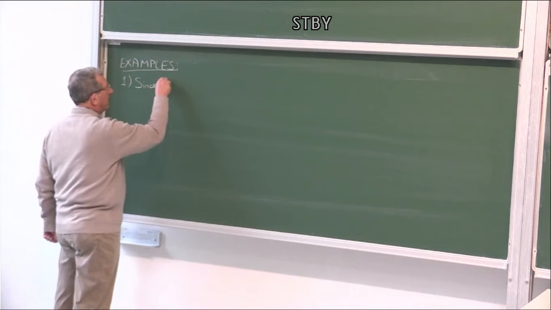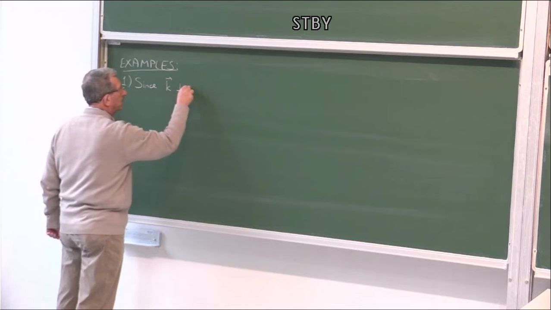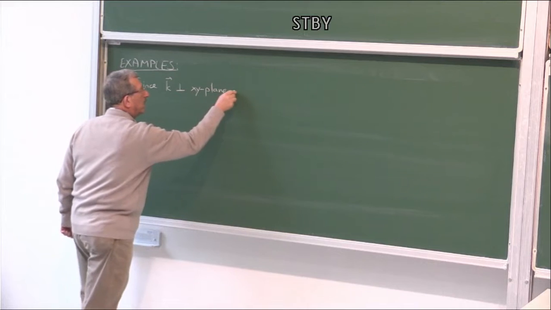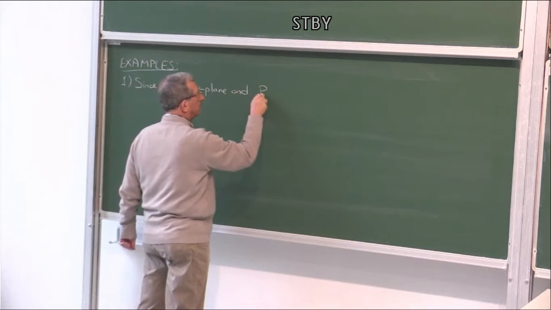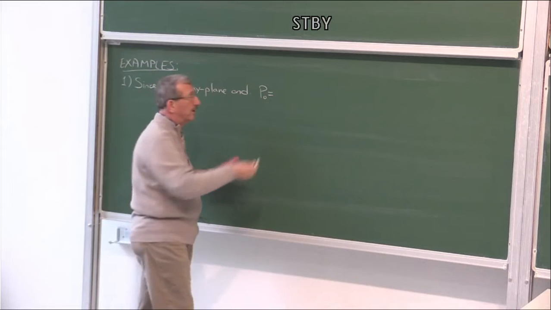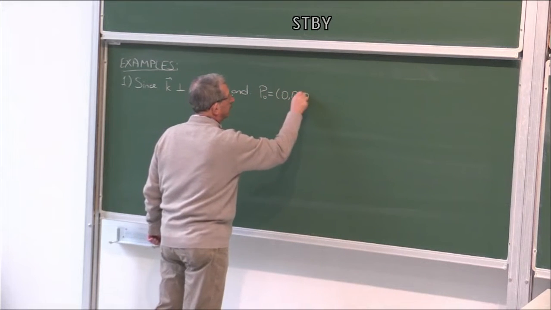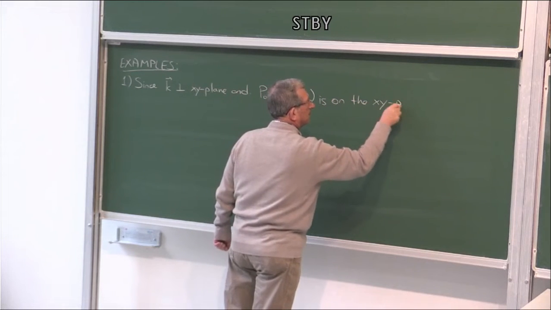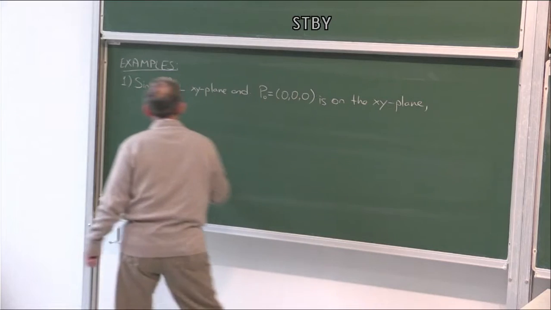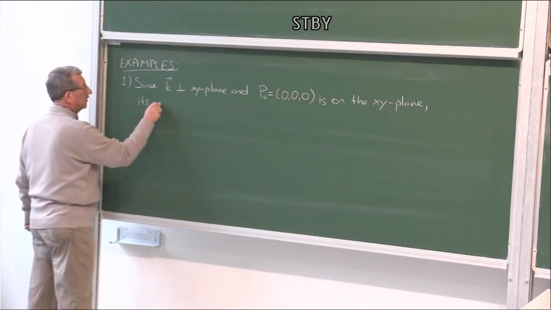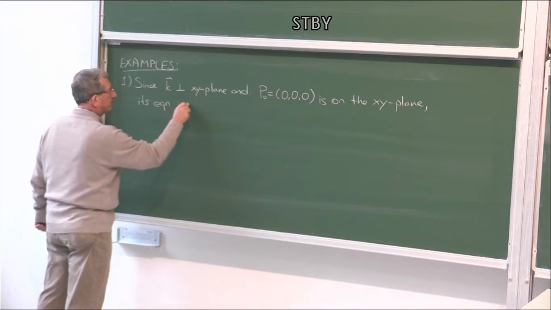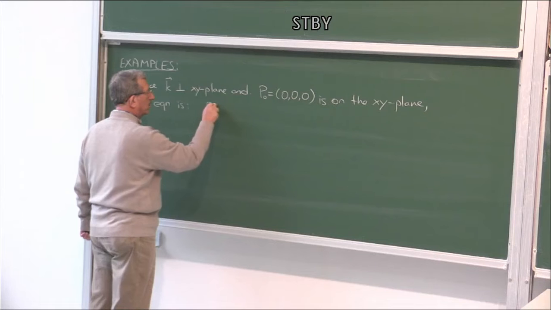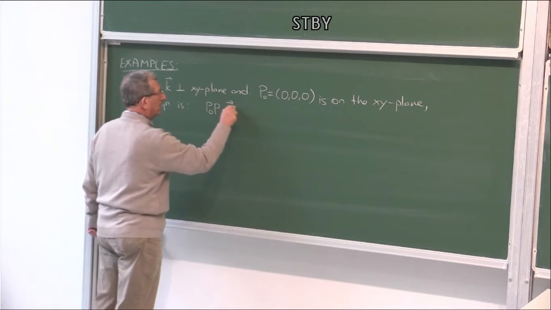Since the vector k is perpendicular to the xy plane, and any point in the xy plane, why not the origin, is on the xy plane, its equation is P0P dot K is 0.